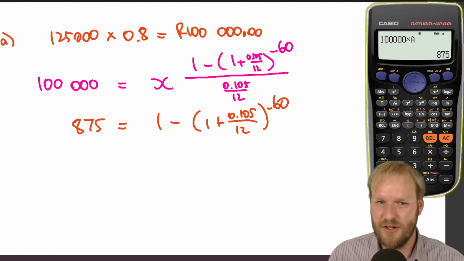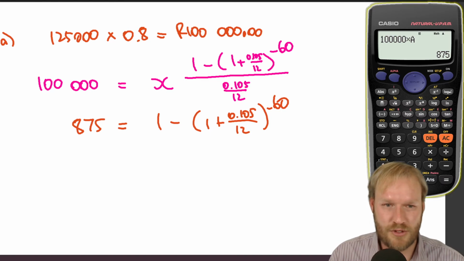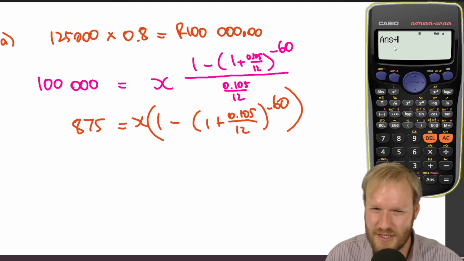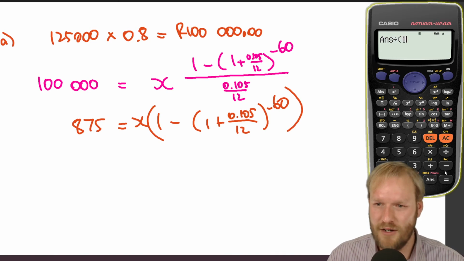So I need to subtract, whoopsie daisy, all of that, obviously times X. So I need to divide 875 by this monstrosity on the right. I'm going to go 875, it's already there, divided by 1 minus 1 plus, that is B, and that to the power of negative 60.